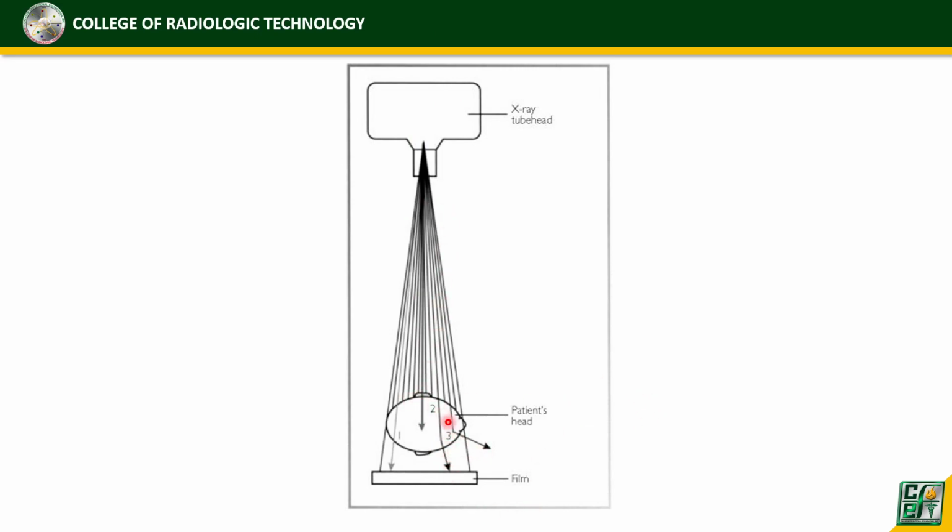So ito scatter radiation, absorb radiation, ito naman remnant radiation. Ito scatter na nakarating sa film, scatter na hindi nakarating sa film, remnant radiation na nakarating sa film yung natirang radiation or attenuated X-ray photons.